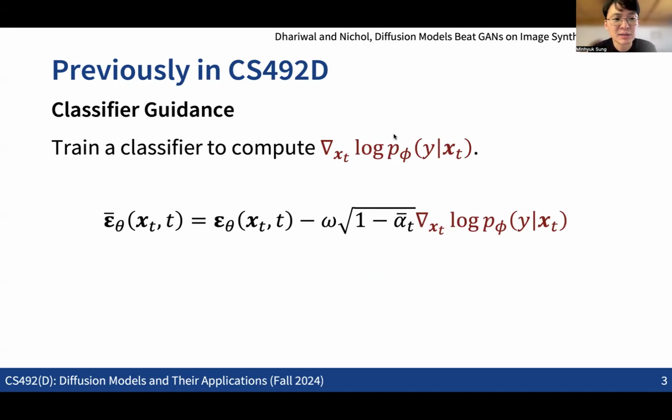For those cases, what we could do was decompose the noise prediction into two terms, and the last one involves the information coming from the given class labels. So to model the score function for this specific conditional distribution, we could consider training a classifier to calculate the second term.